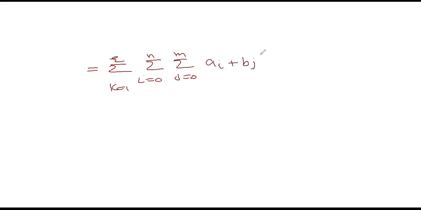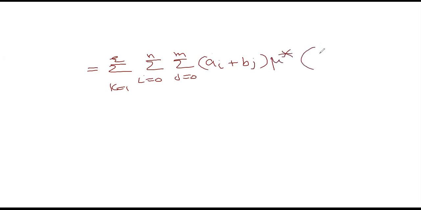Now this double sum, ck times mu star of ck intersection ai intersection bj, where ck is equal to ai plus bj. So it is equal to the summation k runs from 1 to r, summation i runs from 0 to n, and summation j runs from 0 to m, of ck times mu star of ck intersection ai intersection bj. I will replace this ck by ai plus bj because it's already done.